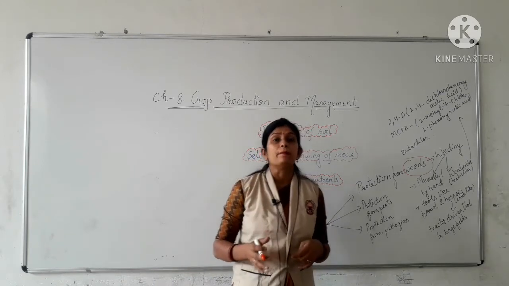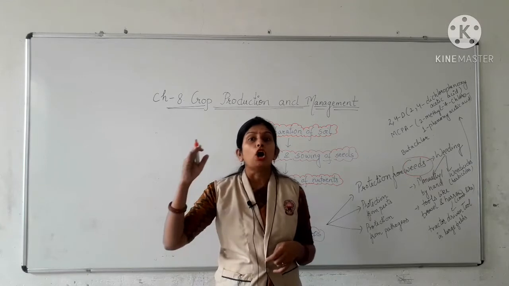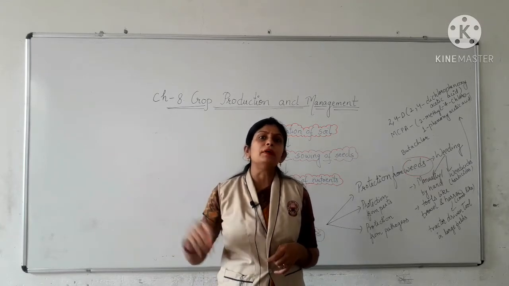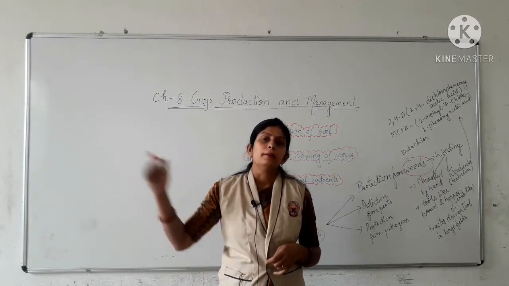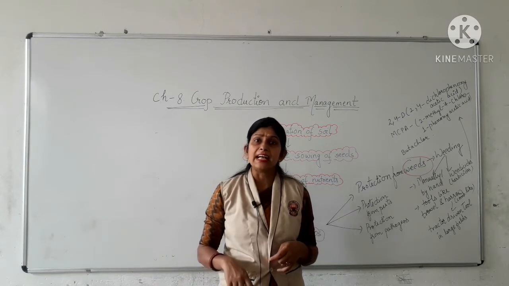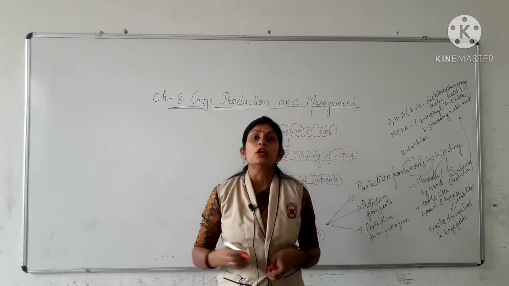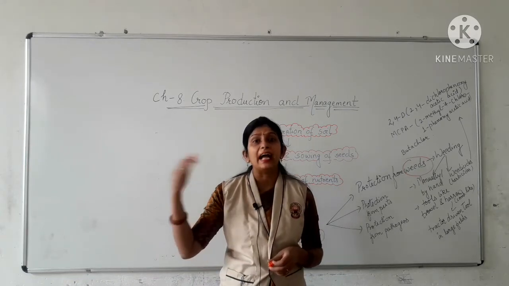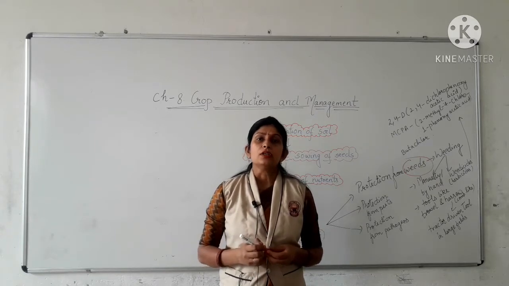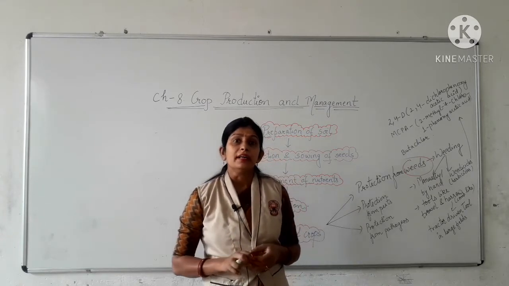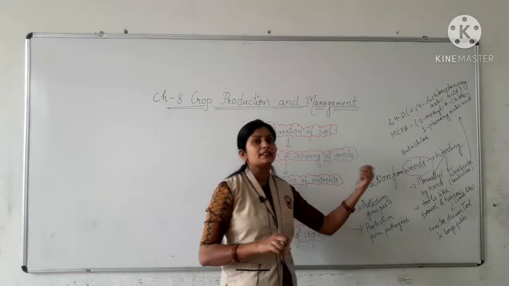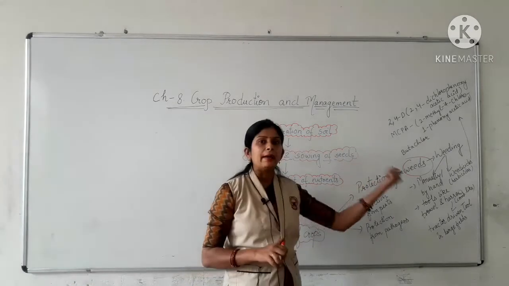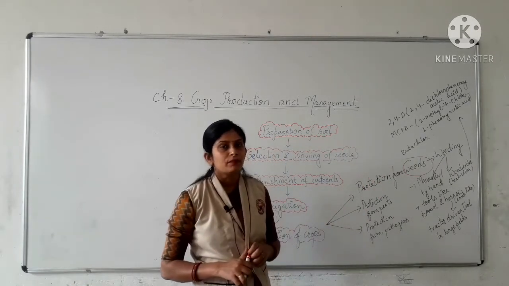In this way, they hamper or stop the growth of the main crop, as well as ruin their quality and their health also. So a farmer needs to protect his main crop from the damage caused by weeds.